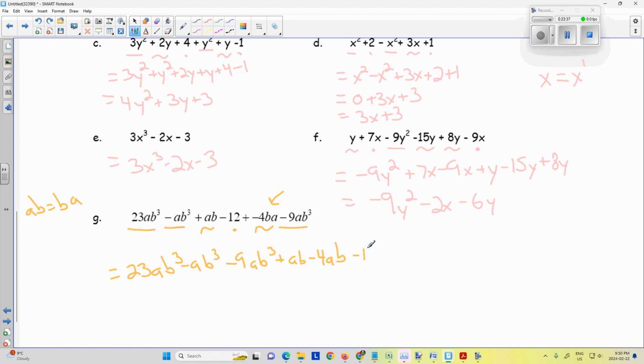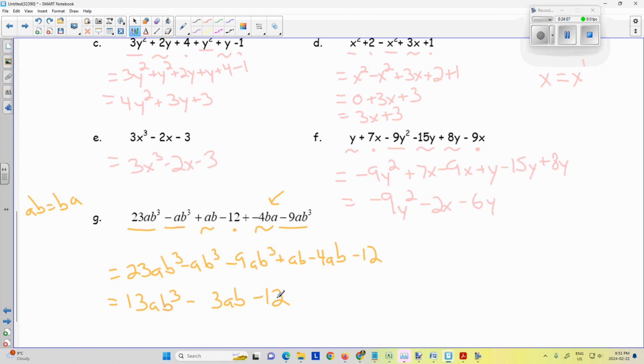And a minus 12. So let's start to do this. So 23 AB minus 1 AB would be 22. 22 minus 9 is 13 AB cubed. Minus, so here now I'm over here, minus 3 AB and minus 12. So there you go.